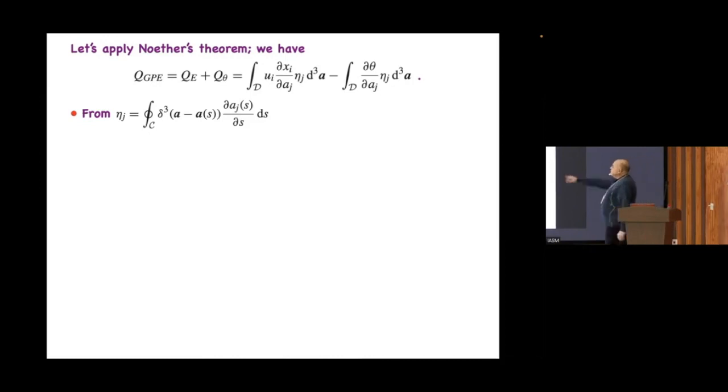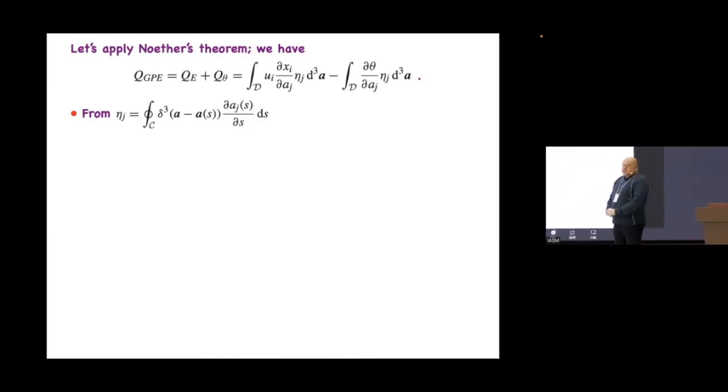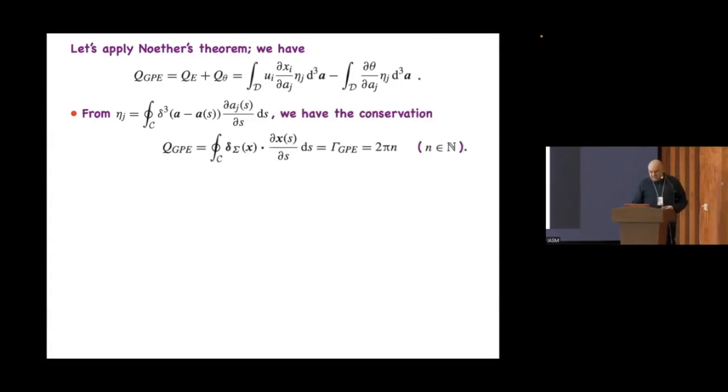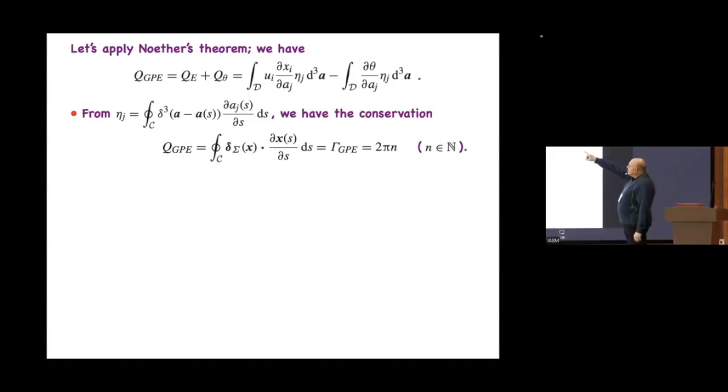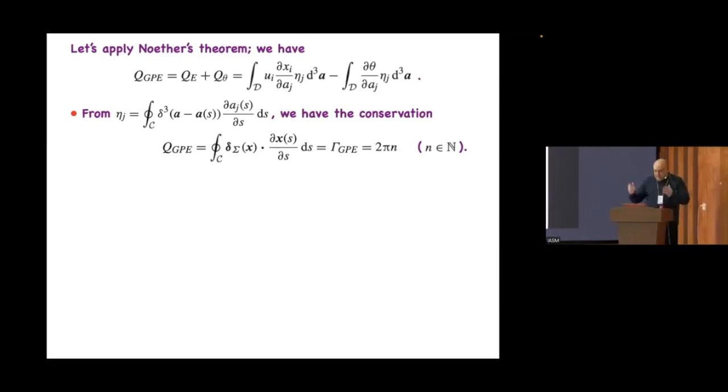Now, I rely on some of the work done by Yasuhide Fukumoto. First of all, I consider eta, the displacement of particles going around on a loop encircling the nodal line. So this is basically giving you the conservation of circulation, gamma GPE, and because of the delta function contribution, you see that it gives 2 pi n, where n is any natural number.